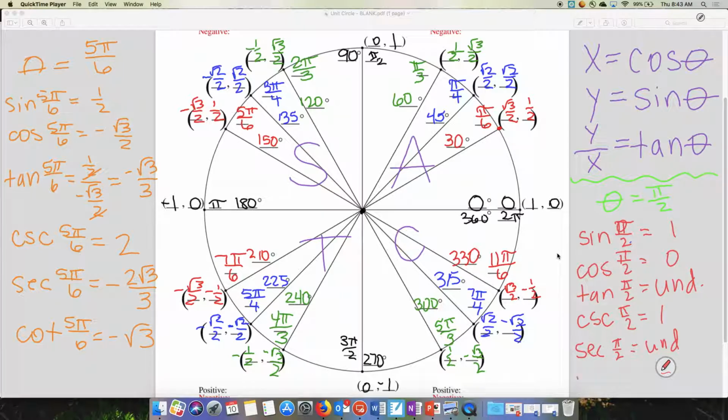Okay, however, the cotangent would be 0, because the cotangent would be x divided by y, because it's the reciprocal of tangent, and x divided by y is okay in that coordinate. All right, what do you think so far?